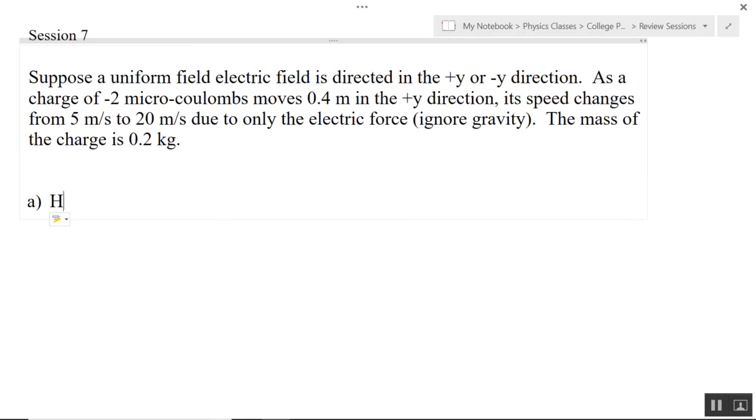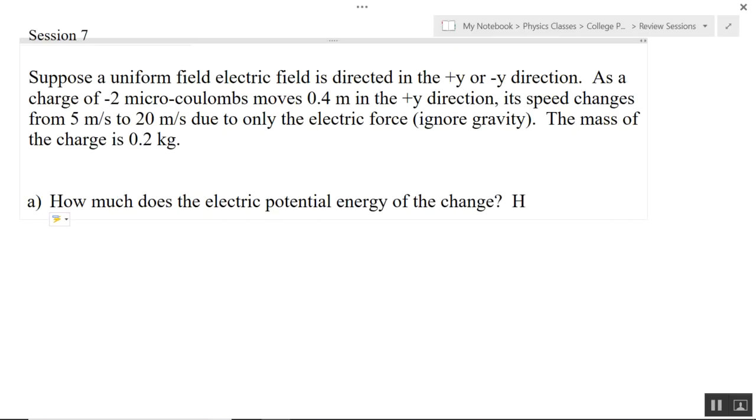How much does the electric potential energy of the charge change? The better way to say that is, what is the change in electric potential energy? Okay, that's much better. Try to figure that out.